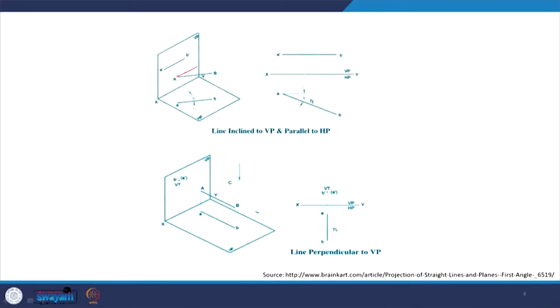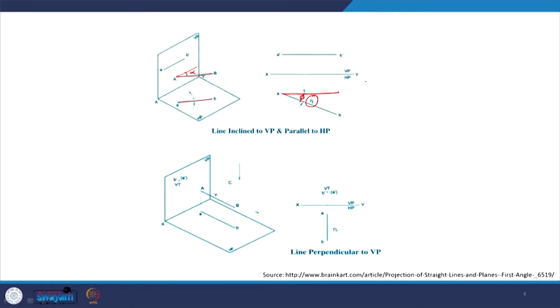So it is making a certain angle, say alpha, with VP, and it is parallel to HP. Now, if it is parallel to HP, we are going to be seeing the true length of the line in the horizontal plane, and we will see exactly the same angle which it makes with VP being represented here.